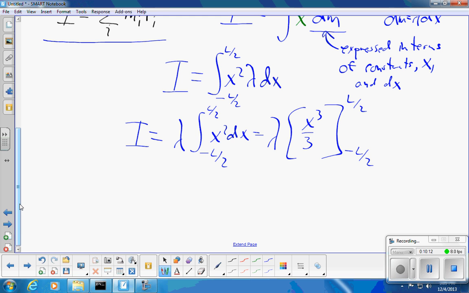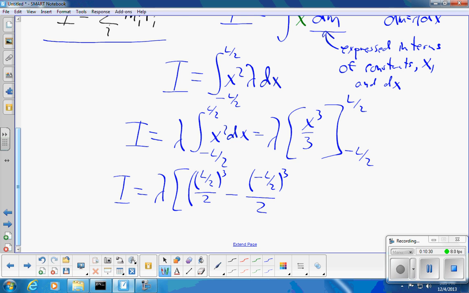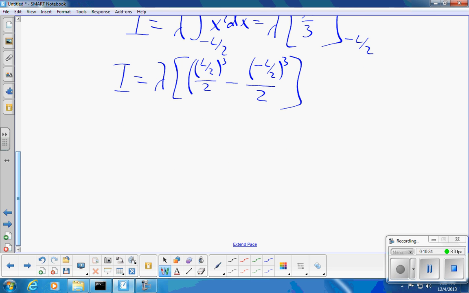So now I can plug in. I equals lambda times x cubed, I'm going to plug in L over 2. So I'm going to have L over 2 cubed divided by 2 minus negative L over 2 cubed divided by 2, close bracket, equals, I'm going to take the lambda out and put in mass over length, because I know I'm going to have to do that at some point.